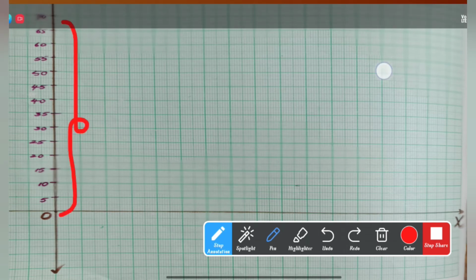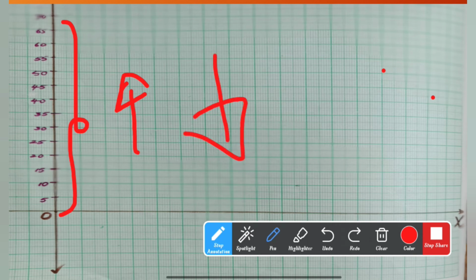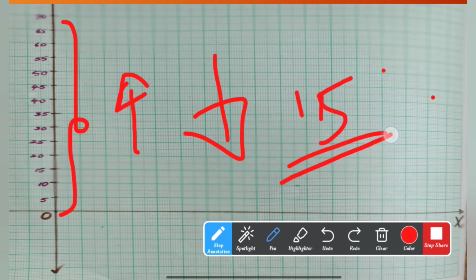To locate the frequencies, one thing we should keep in mind is what the maximum number of observations is and what the minimum is. Why? Because in our graph sheet we are hardly able to get 15 lines or 15 boxes.